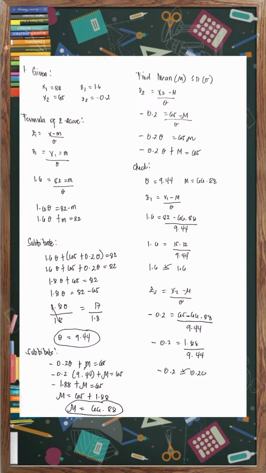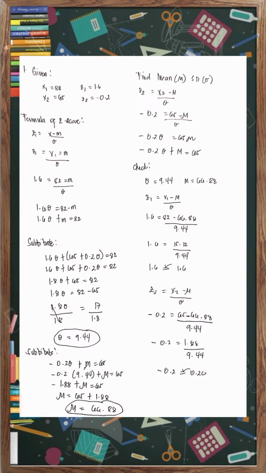1.8 standard deviations equals 82 minus 65. Then, para po makuha natin ang standard deviations, mag-o-over po tayo ng 1.8, or 1.8 standard deviations divided by 1.8.